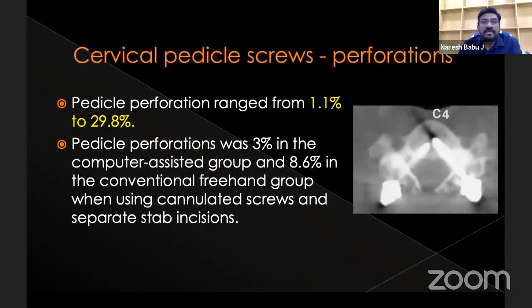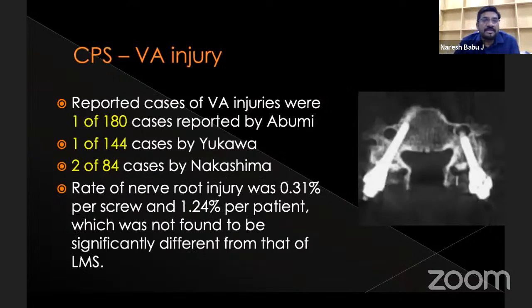Coming to the cervical pedicle screws, perforation is the most talked about complication of pedicle screw fixation. It ranges from 1.1% to 29.8% in different series: 3% in the computer-assisted group and 8.6% in the conventional freehand group. Computer assistance and real-time imaging are known to reduce the incidence of perforations.